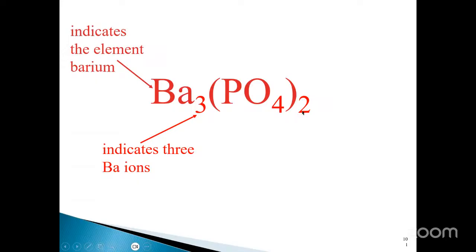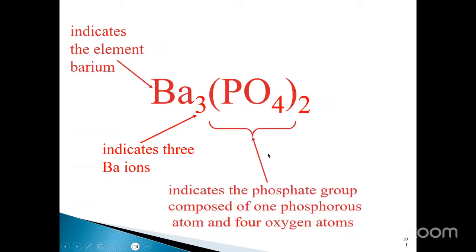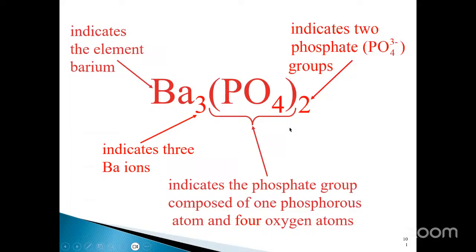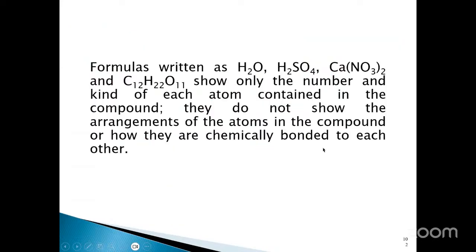And then you have 2 here outside this parentheses here, right? So this 2 multiplies everything within the parentheses, right? So basically that means that, well, this is called a phosphate group. So you have 2 phosphate groups, but within the phosphate group, you have a phosphorus atom and 4 oxygens. So that basically multiplies by 2 the number of phosphorus atoms, and the 4 oxygen atoms will be multiplied by 2 as well. All right.